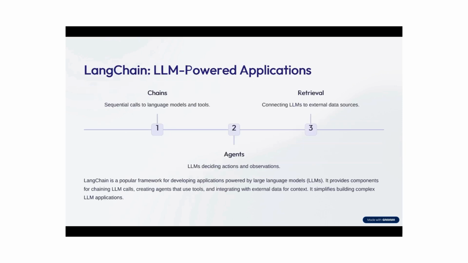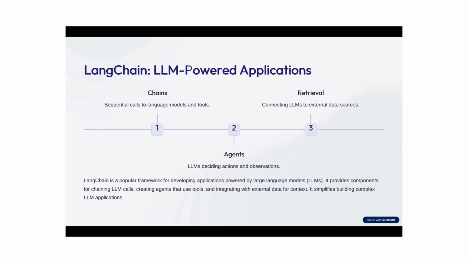Then we have LangChain. LangChain has been around for some time, and it can create different sorts of applications. For example, if you have to make an LLM call which is not an agentic call, and you just have to connect to it and get the response, LangChain can help you produce better results.